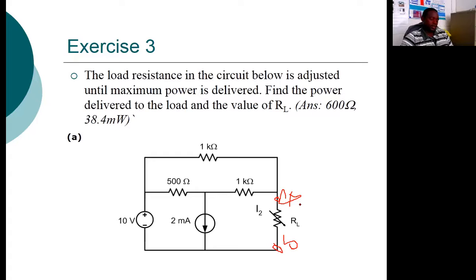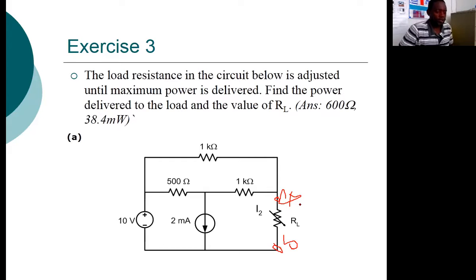Voltage source removed, current source removed, and you are left with that combination. And so you will see that it will be 1.5 kilo ohms in parallel with 1 kilo ohm. So R Thevenin will be equal to 1.5 kilo in parallel with 1 kilo. That will be 1.5 times 1 over 2.5 kilo ohms, right?